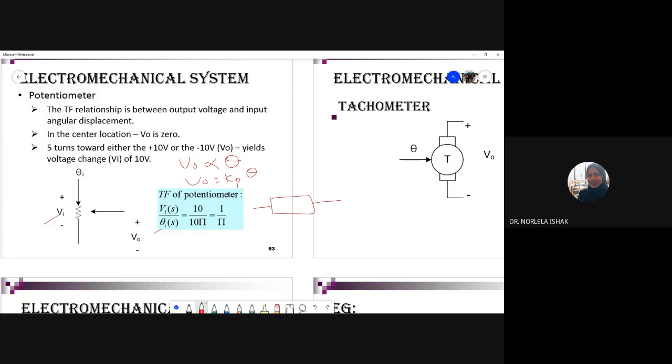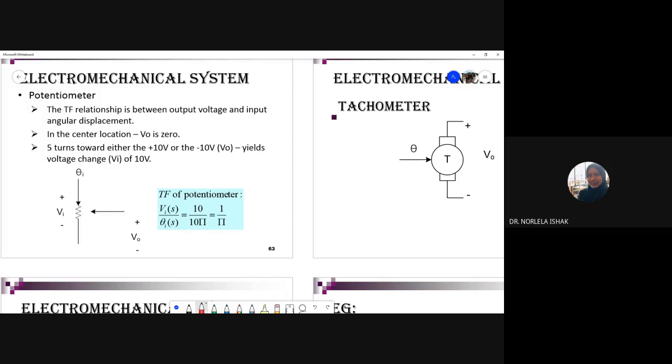Let's see, what's the input? Wait a moment, is this equation correct? Where is the mouse? Hold on. Okay, potentiometer.